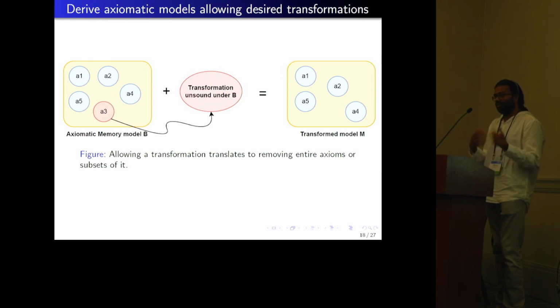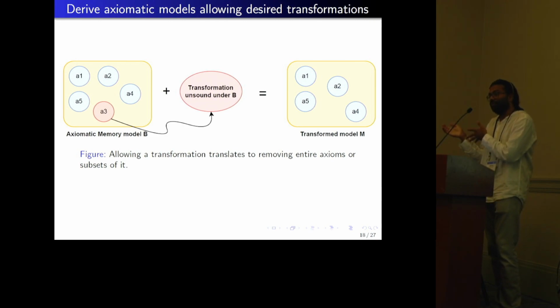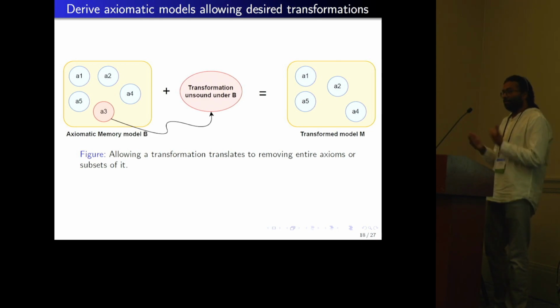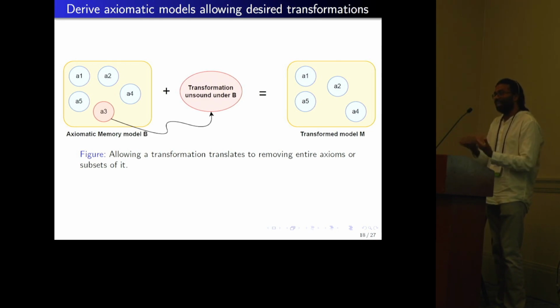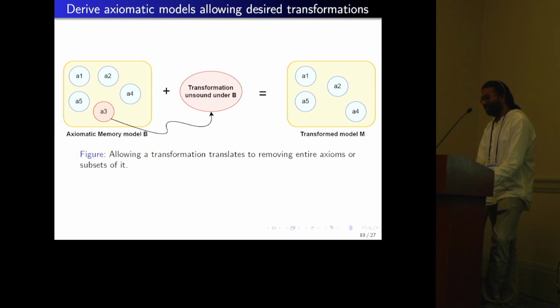And that's why the transformation becomes unsound. So we thought, okay, why don't we just remove the axiom? Is it possible to just remove the axiom such that we get the model? But yeah, we have to be careful. We have to remove the axiom such that we can also ensure all other optimizations, let's say under SC, are preserved.